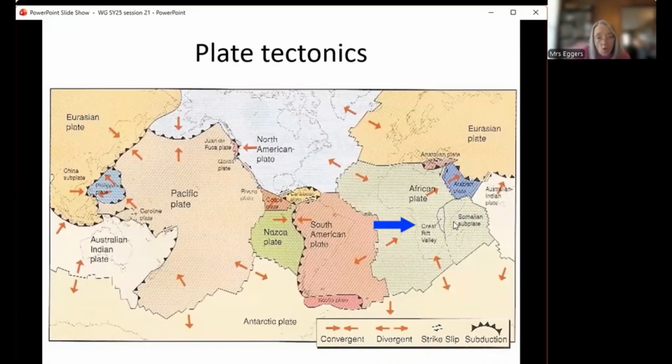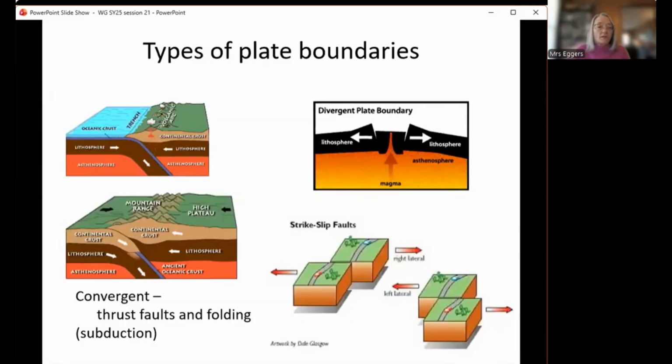Okay, and we talked about different types of plate interactions, right? The plates could be moving together, they could be moving apart, they could be sliding side by side. Looking at the illustrations and just thinking about it, which one do you think is likely happening in East Africa?